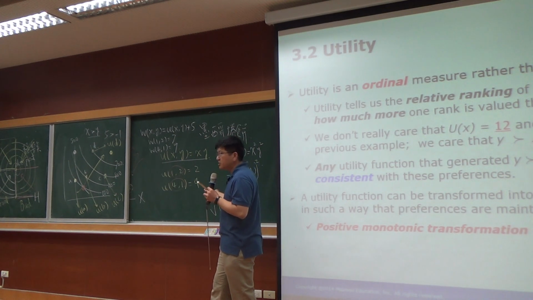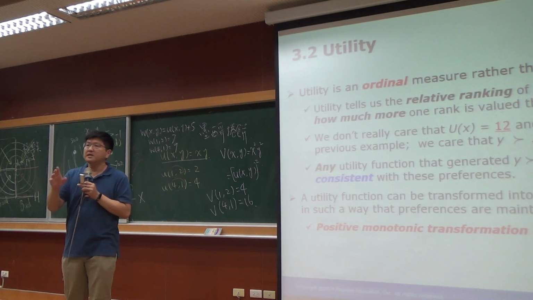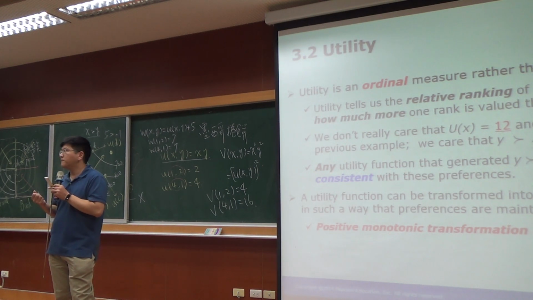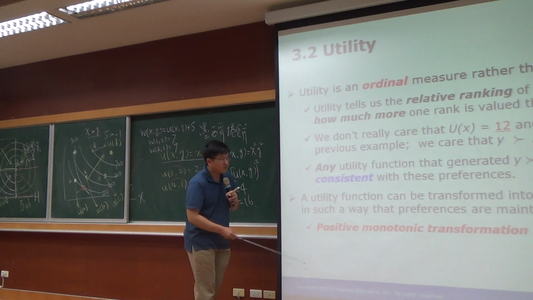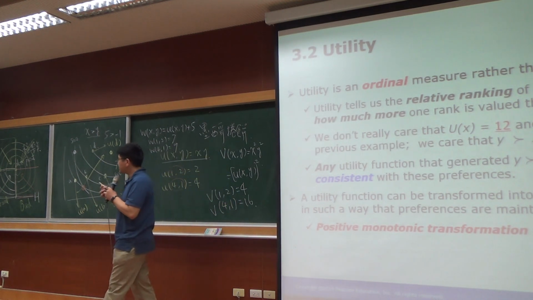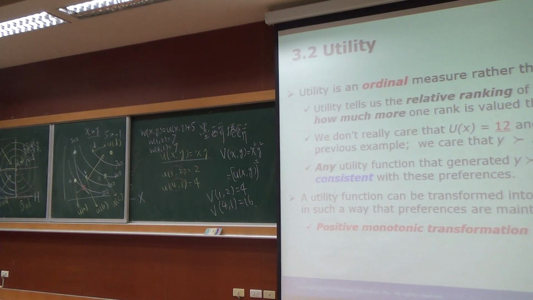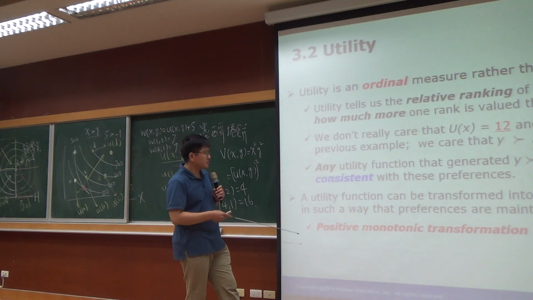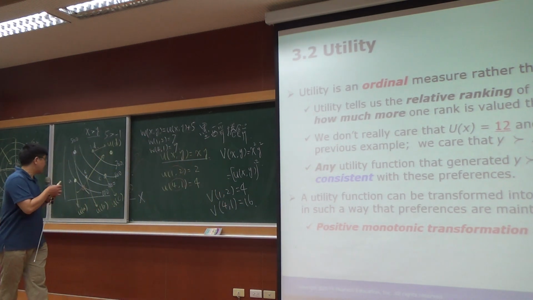Anything you may do. So you just keep the order the same. Keep the order, but we just don't care about the value. Okay? Any transformation satisfying this is fine. So a utility function can be transformed into another utility function in such a way that preferences are maintained.